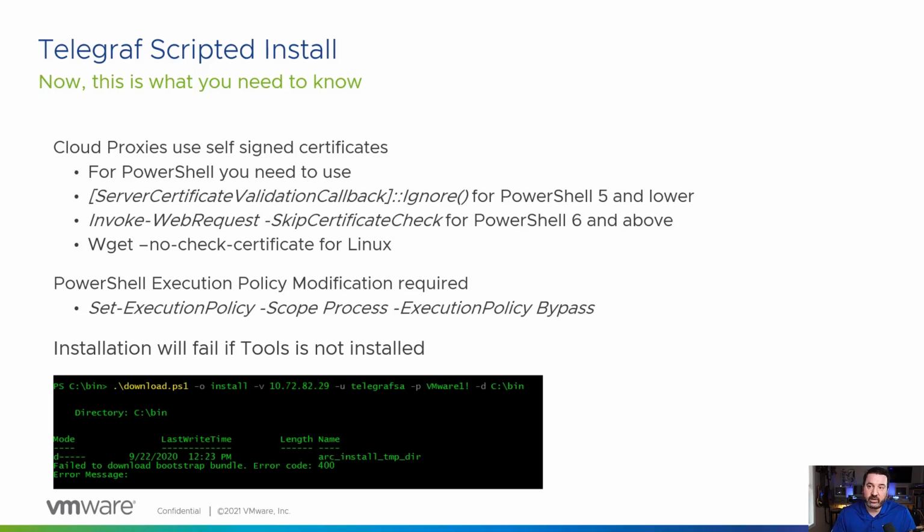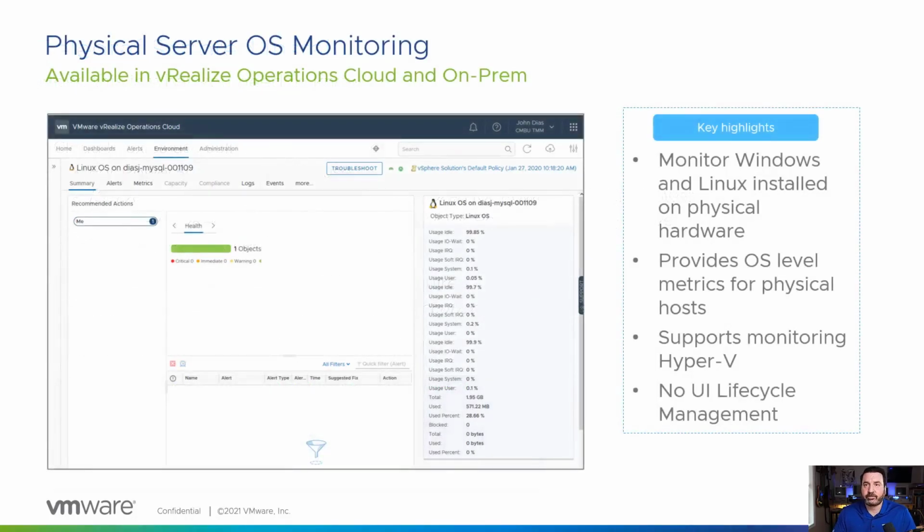Obviously it has the skip certificate check for the Invoke-WebRequest, and then for wget, just simply add no-check-certificate for Linux. And then of course, the PowerShell execution policy, we do need to bypass that because the script is not signed. So just another thing to call out when we're doing the scripted install.